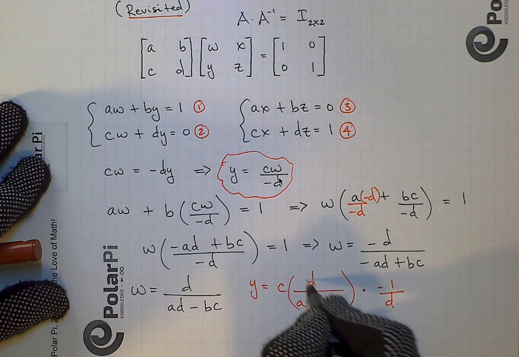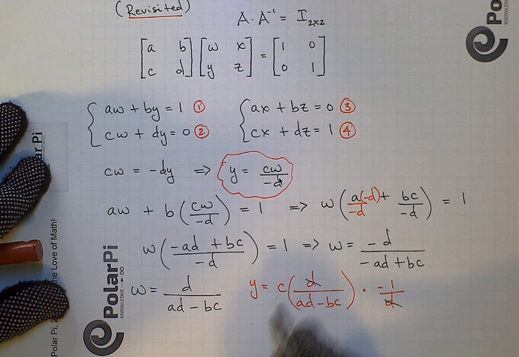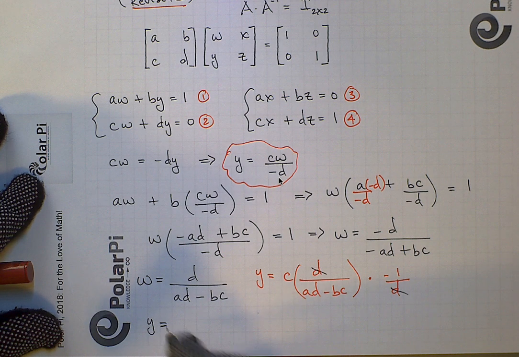This D here and this D here take care of each other, and I've got that negative 1 multiplying the C.